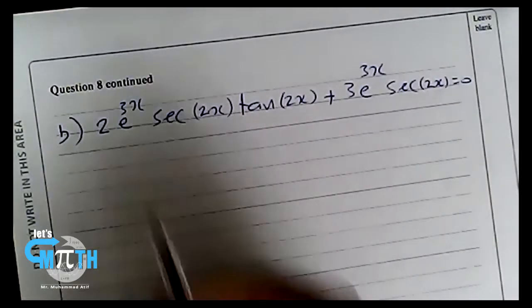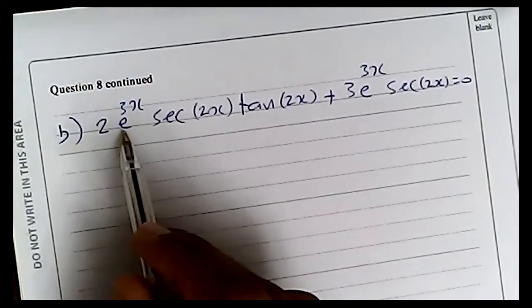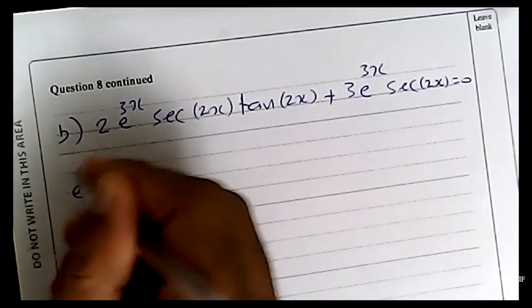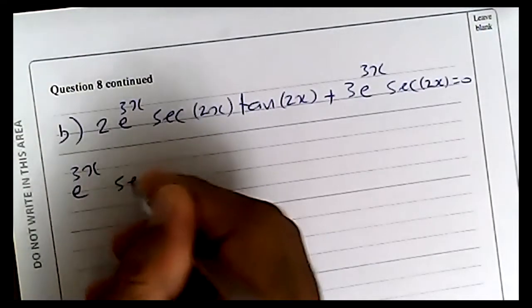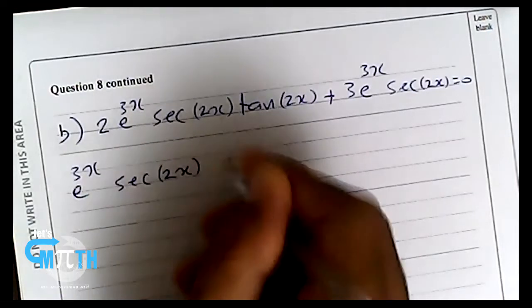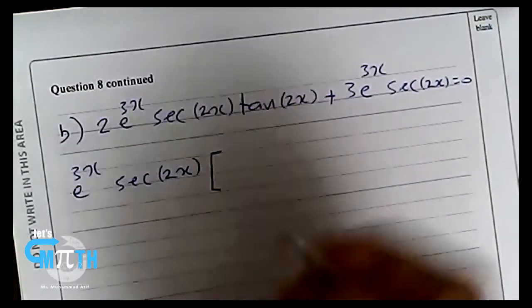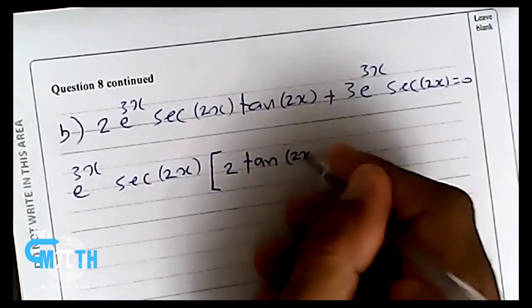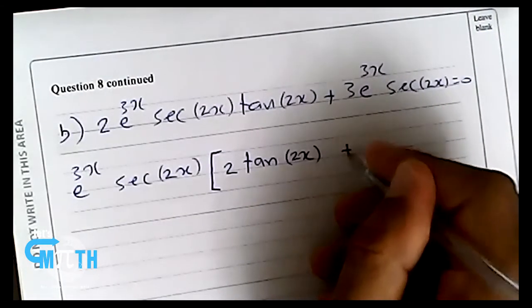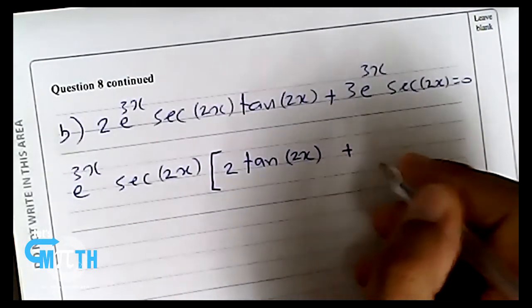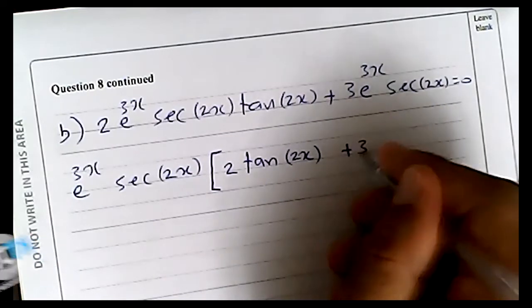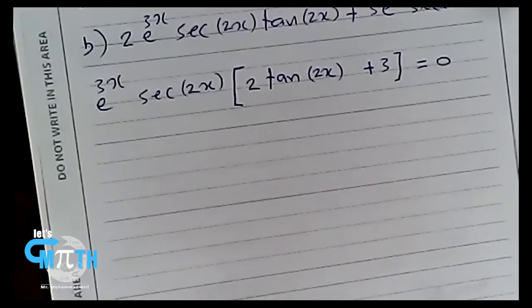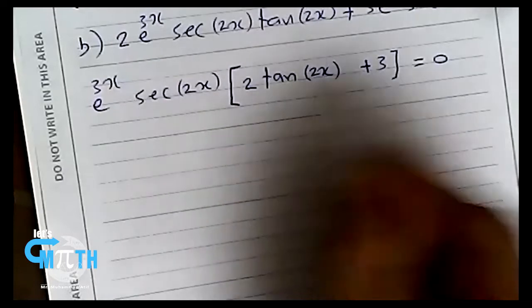I'll tell you how now, but just before we solve, we shall take a common factor, e power 3x sec 2x, multiplied by 2 tan of 2x plus 3, equal to 0. So we have 3 parts to be equal to 0.